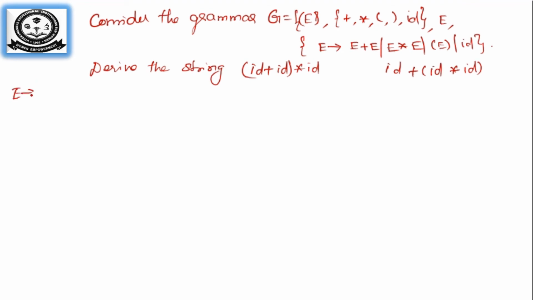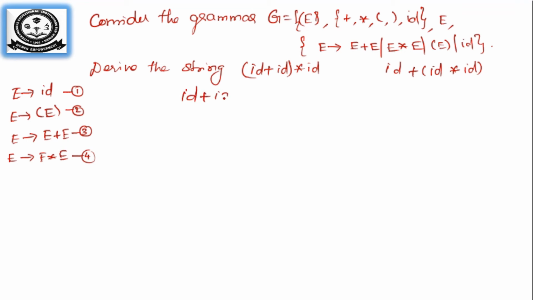E tends to ID, and E tends to open bracket E close bracket, then E tends to E plus E, and finally you can have star also, E tends to E star E. If you need, you can name them as rule numbers 1, 2, 3, and 4. Now we have to find whether this string is accepted or not: ID plus ID star ID. So now this is the case.